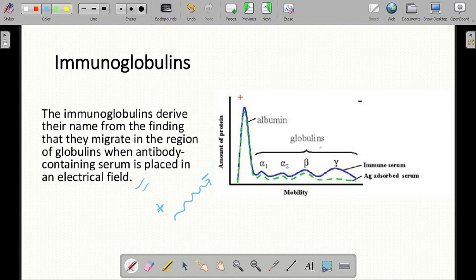As we can see in this graph, gamma is highly mobile in nature, and these are the globulins, and this is the amount of protein. A high amount of protein is seen in the case of albumin. So this is how the immunoglobulins derived their names.